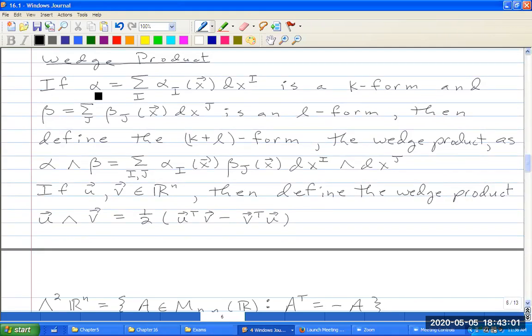If alpha is equal to the sum over I of alpha_I(x) dx^I, a k form, and beta equals the sum over J of beta_J(x) dx^J, with the index J, an l form, then define the wedge product alpha wedge beta as a k plus l form. So you just add up the two degrees and you get a k plus l form.